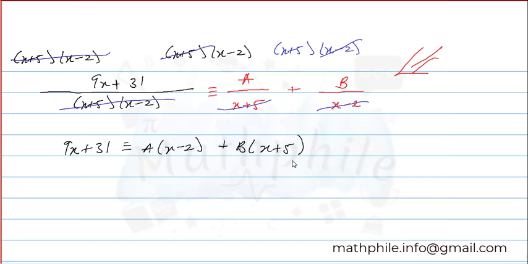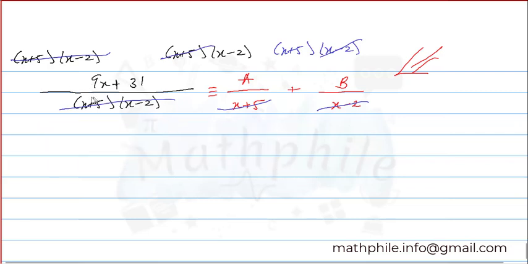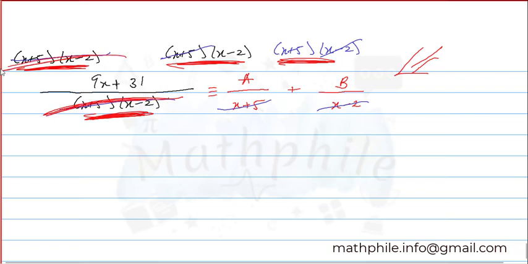Sir, can you please repeat? Okay, so after writing the partial fraction equivalence, we then multiply each and every term by the denominator of the bigger fraction, that is (x + 5)(x - 2). In this case, (x + 5)(x - 2) cancels everything over here.